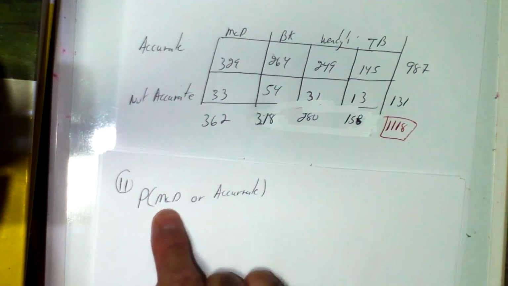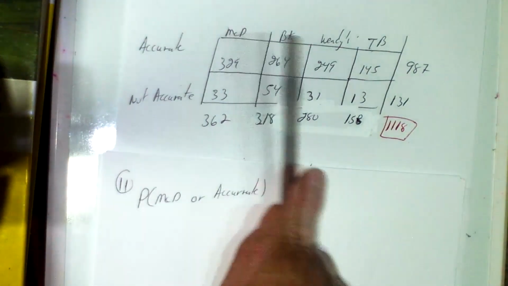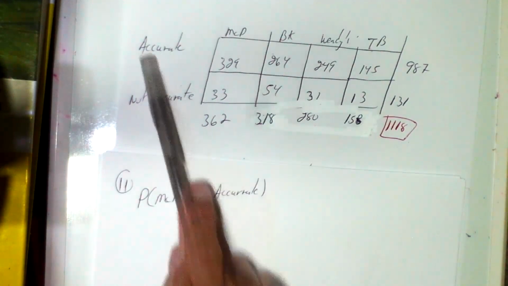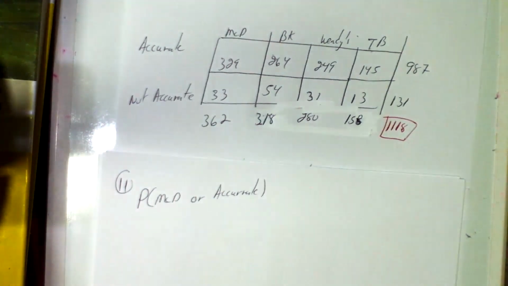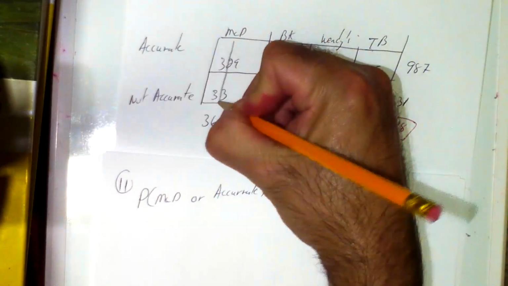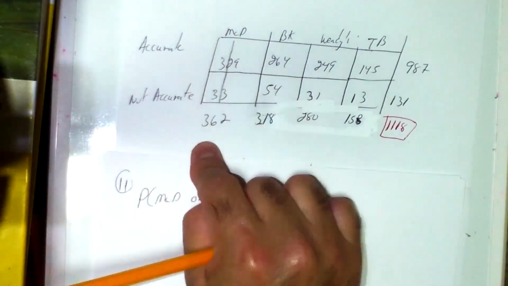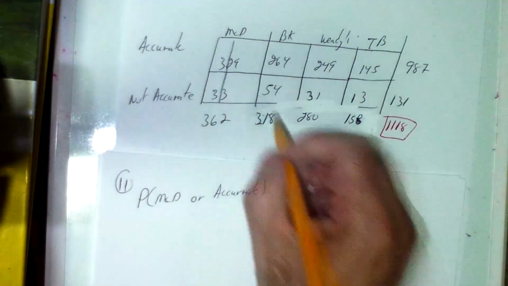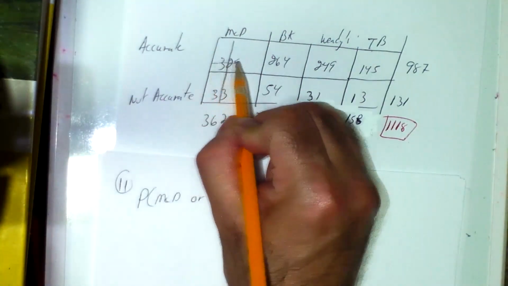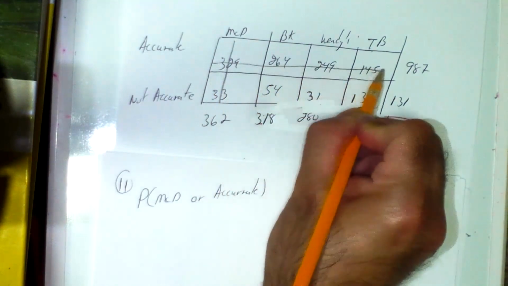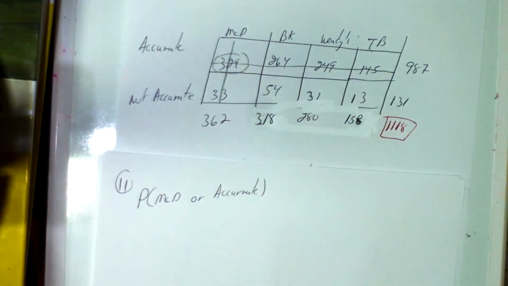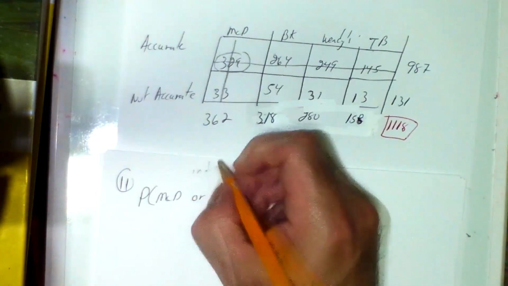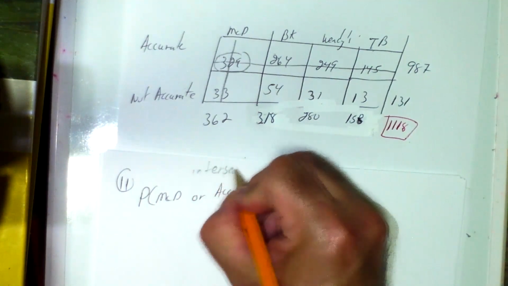So I know Mickey D is a restaurant and accurate is the order, right? So that means they're going to intersect. Here's the restaurant, McDonald's, it's a column. Accurate is a row. Draw a line. They intersect. So I have to use the intersection one. You guys don't have to write that, but I do it just because.